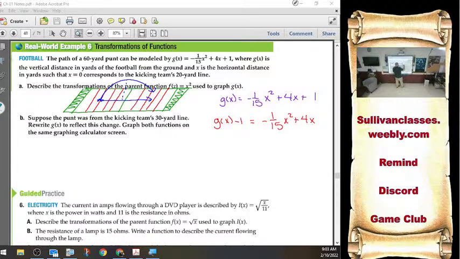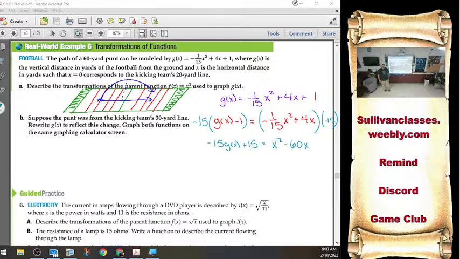So everything by negative 15. Getting negative 15 g of x plus 15 is x squared minus 60x.